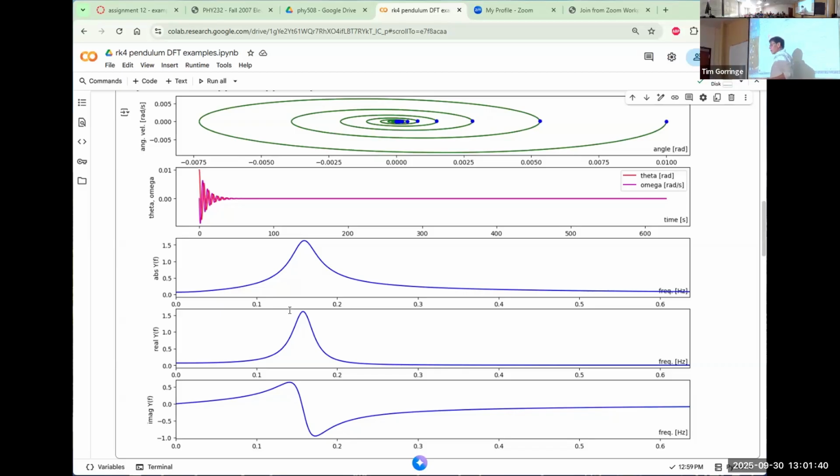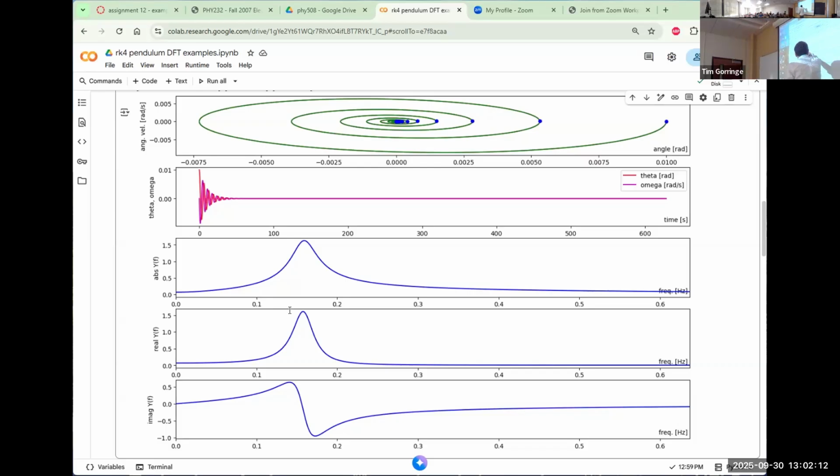We're only seeing a handful of oscillations in the time domain. You might remember that when you have damping, the damping frequency is actually not exactly the natural frequency. The damping frequency is a little less than the natural frequency. It's the square root of omega naught squared, the natural frequency, minus the damping constant squared, beta squared.